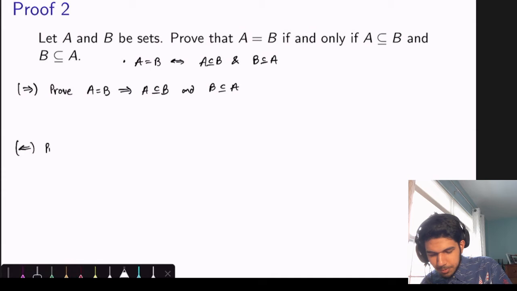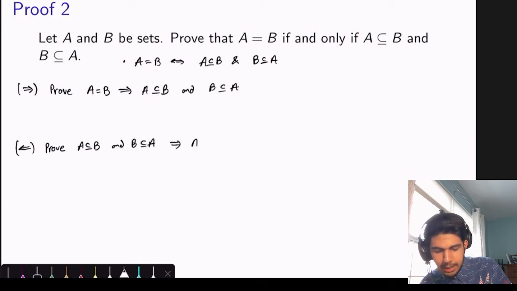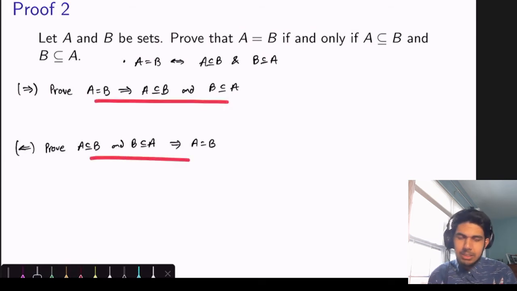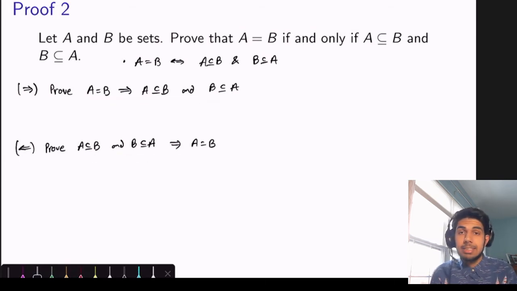That would mean that we want to prove that A is a subset of B and B is a subset of A implies that A equals B. So it's just two things, sort of flip-flopped, but both are necessary for this proof.